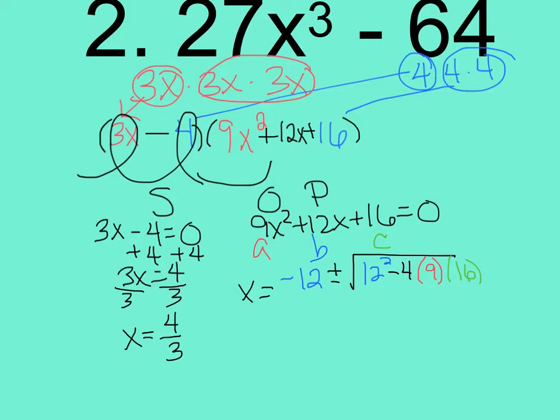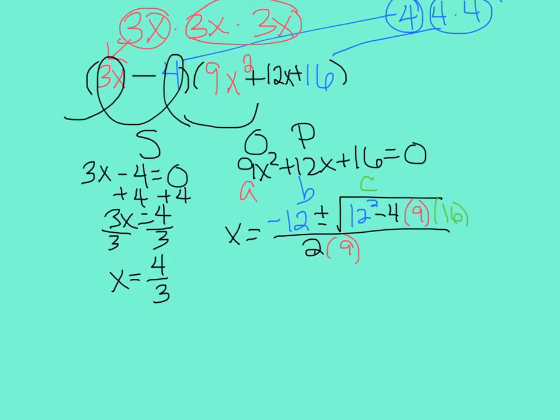And that is all over 2 times a, so 2 times 9. Again, remember, you can use your calculators to figure out the inside part. So the middle part underneath the radical should come out to be a negative 432.